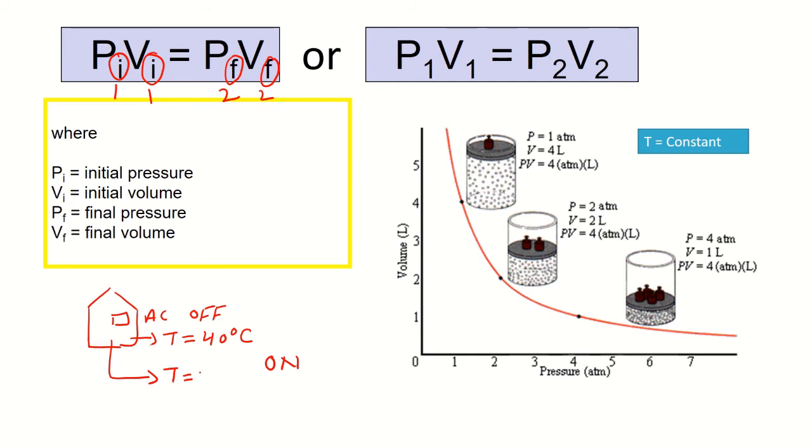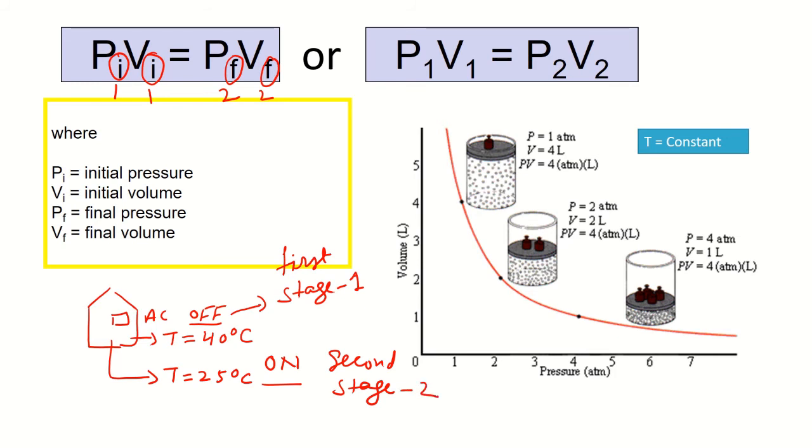Let's say it is 25 degrees centigrade. So two temperatures are there, when the AC is off and when the AC is on. We say this is the first stage, stage 1, and this is the second stage, stage 2.